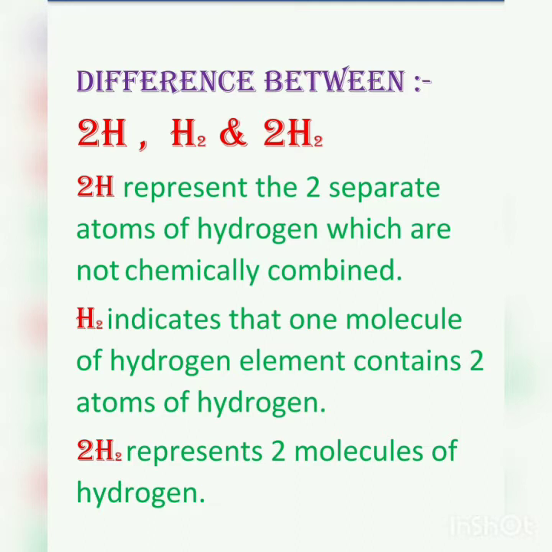Here H indicates the element hydrogen and the subscript 2 indicates that it contains 2 atoms of hydrogen. So overall we can say that it indicates one molecule of the hydrogen element which contains 2 atoms of hydrogen. In the third case, 2H2 represents 2 molecules of hydrogen. I hope you have understood the difference between the 3 formulas.